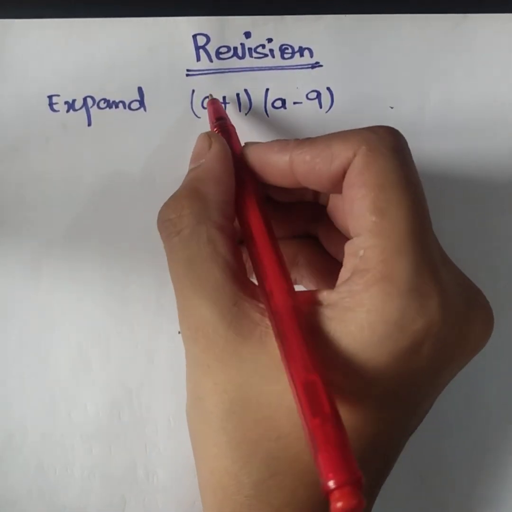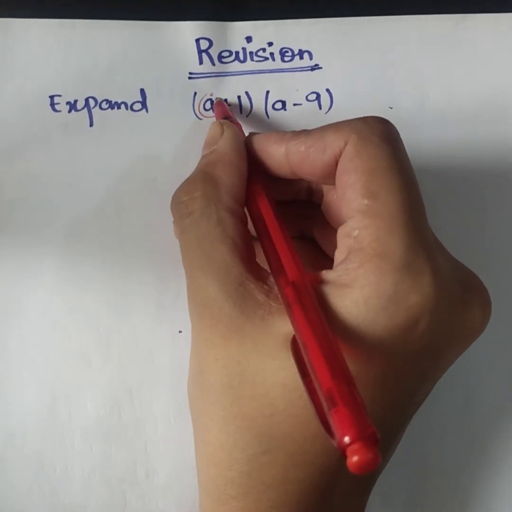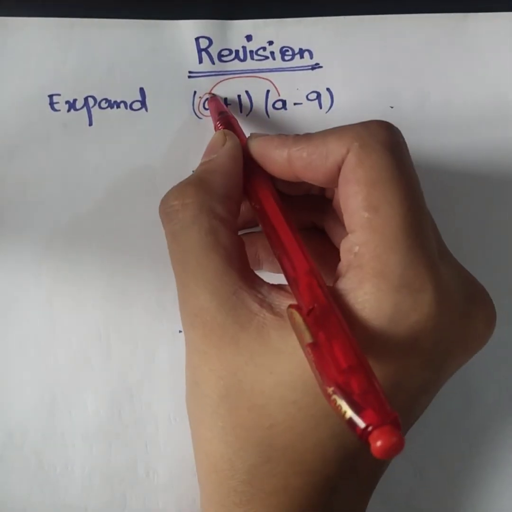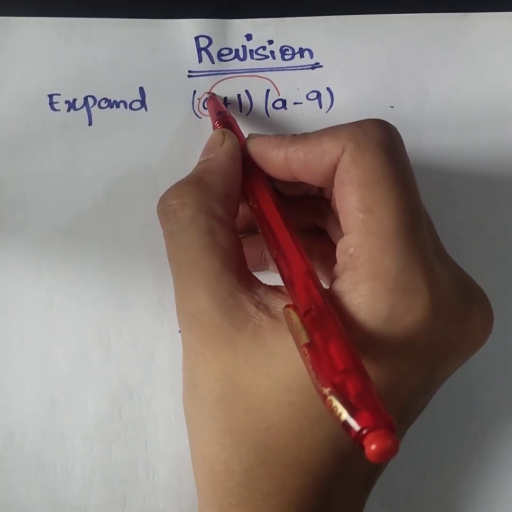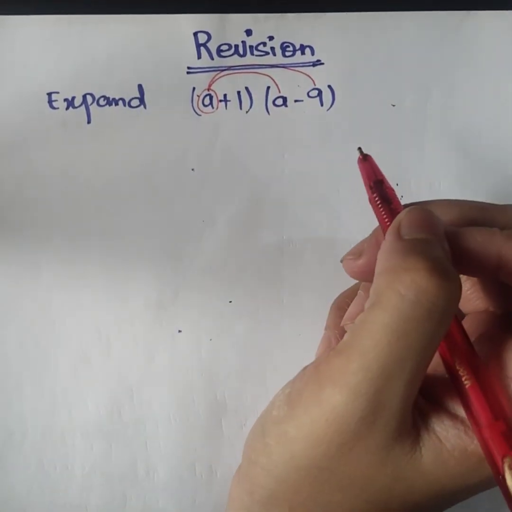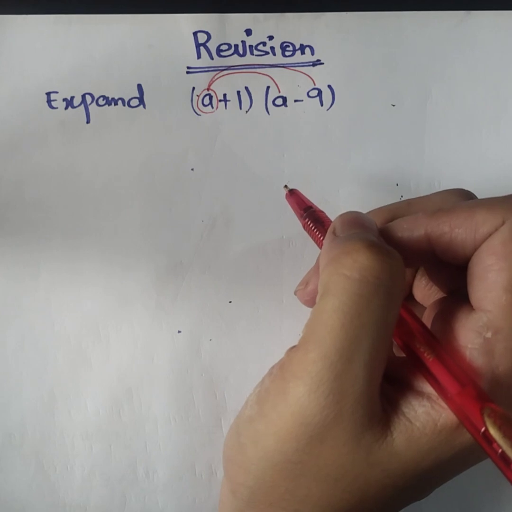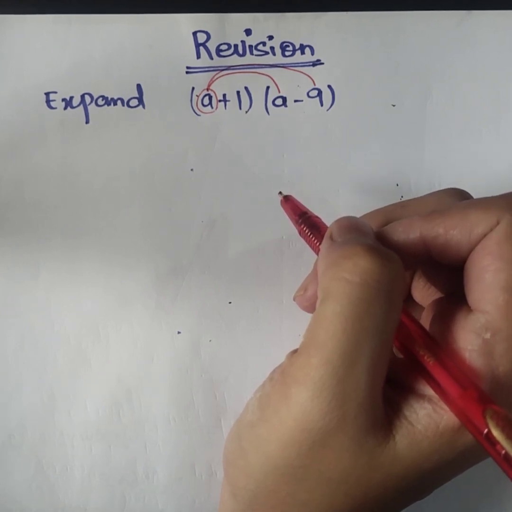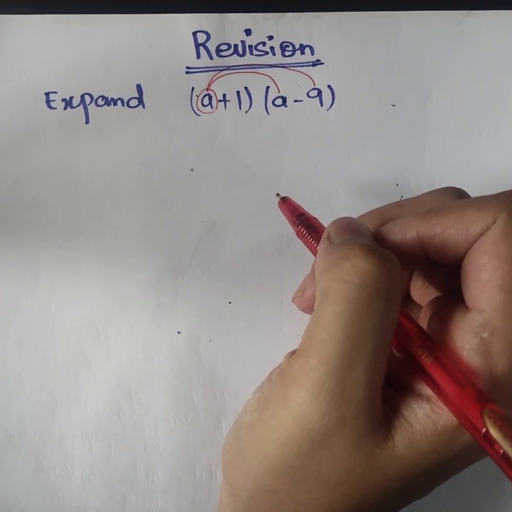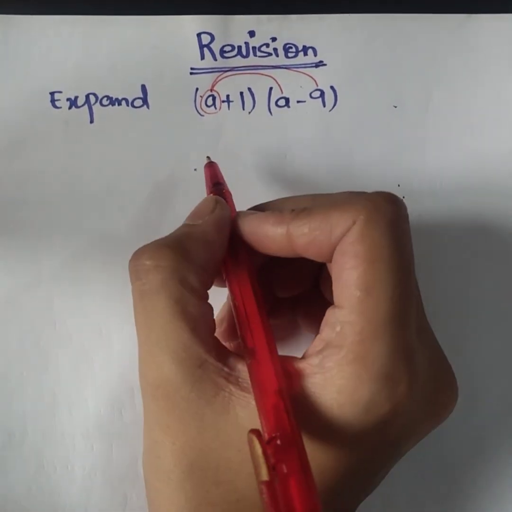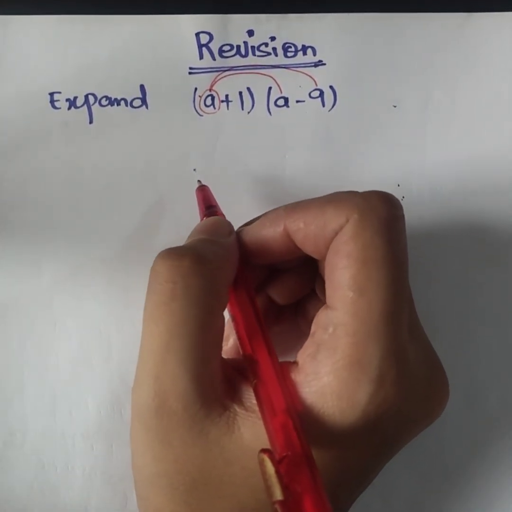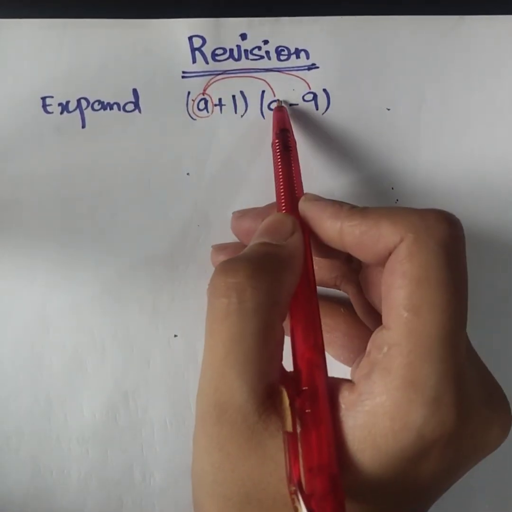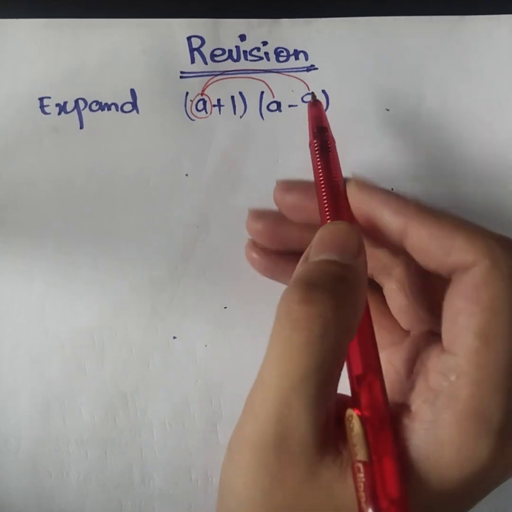How can we multiply? This is your first term. Multiply this term with this term and this term with this term. Take the first term of the first bracket and multiply it with both terms of the second bracket. Use your pencil and you can also draw these lines to multiply this with this and this with this.